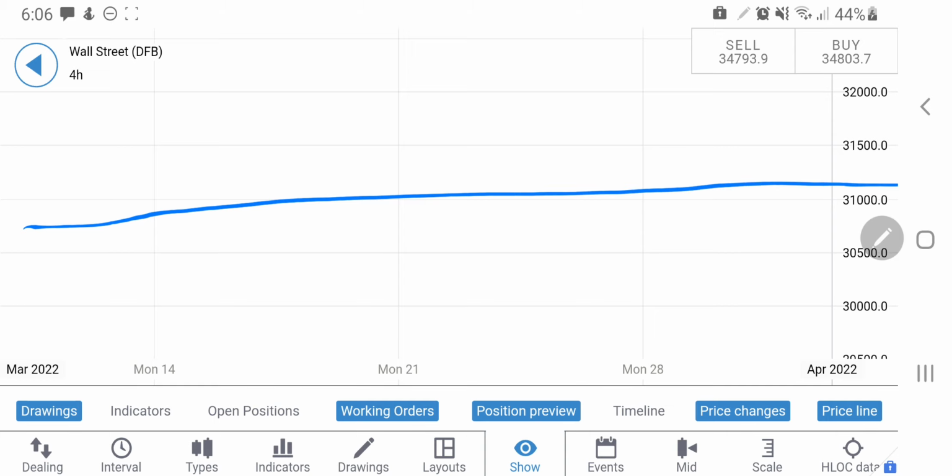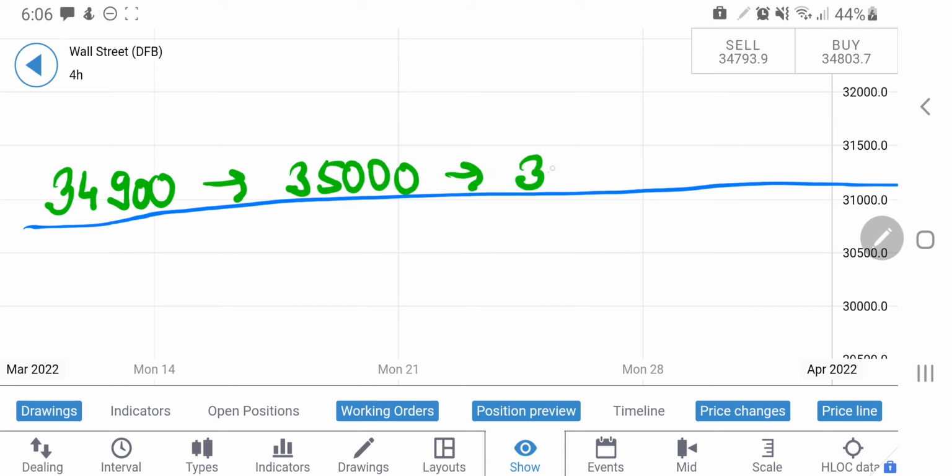First, let's talk about the levels to go long. If you see it trading above 34,900, one can take a long entry for 35,000, and after that 35,180 should get achieved. Beyond that it may try to hit 35,400.